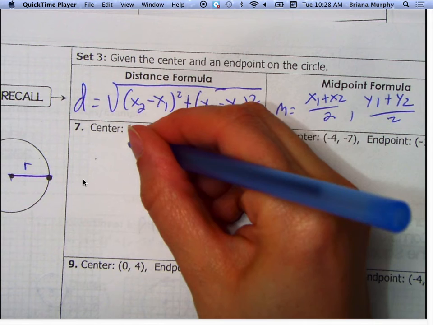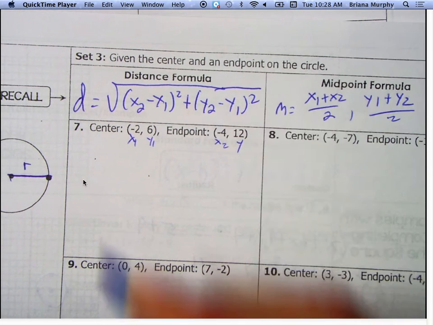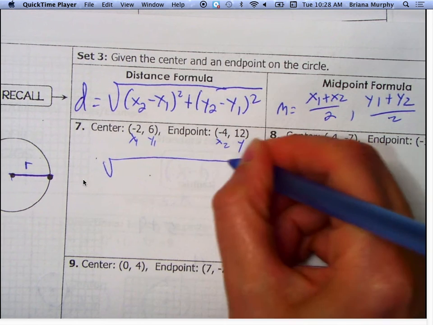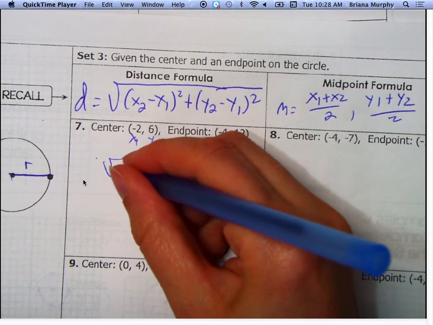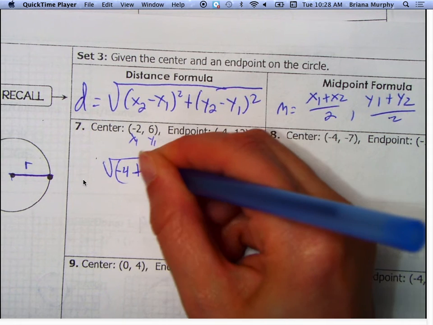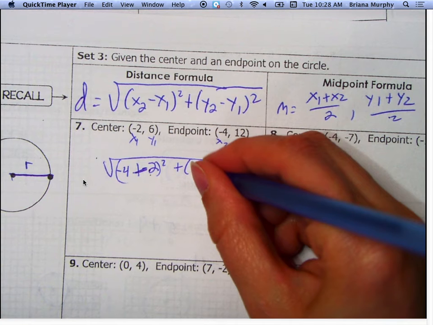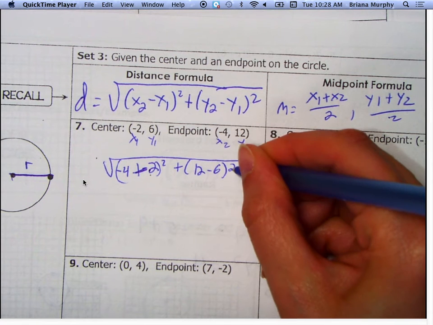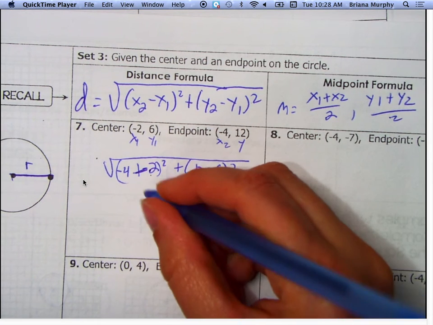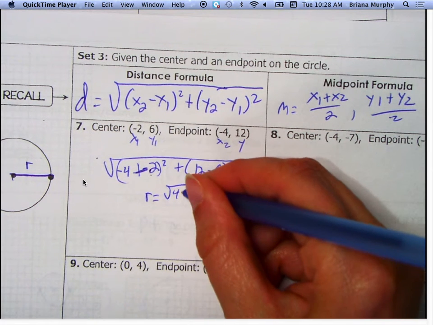So I'm going to label this x1, y1, x2, y2. So that's the square root of negative 4 minus a negative 2 squared plus y2 minus y1 squared. And I get that the radius equals square root 40.